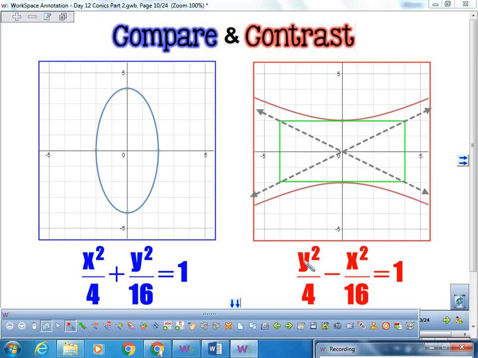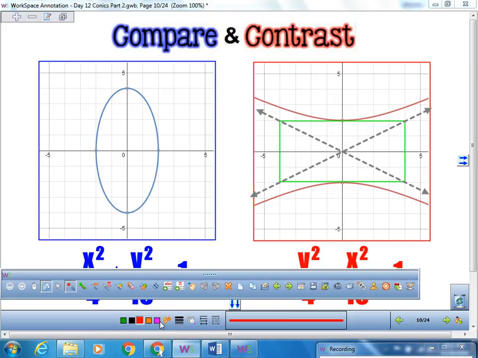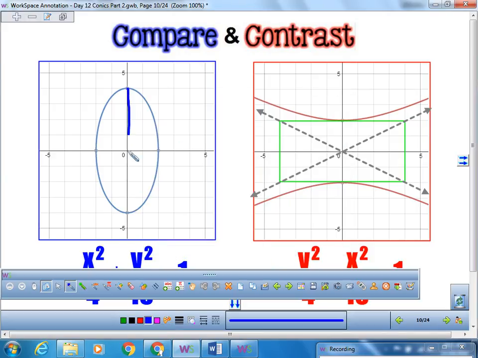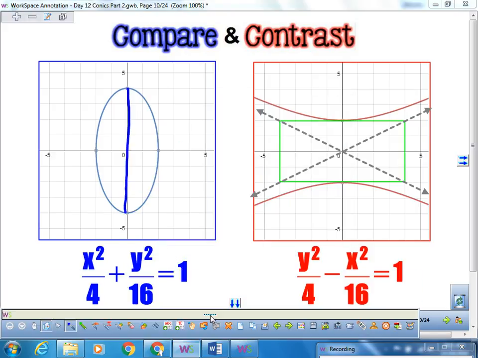So how come this one right here is wider here? How come this one's wider here, right? And then this one's wider here.